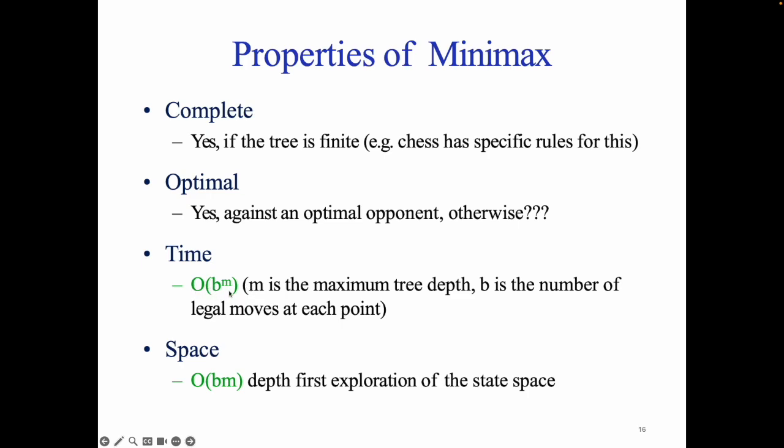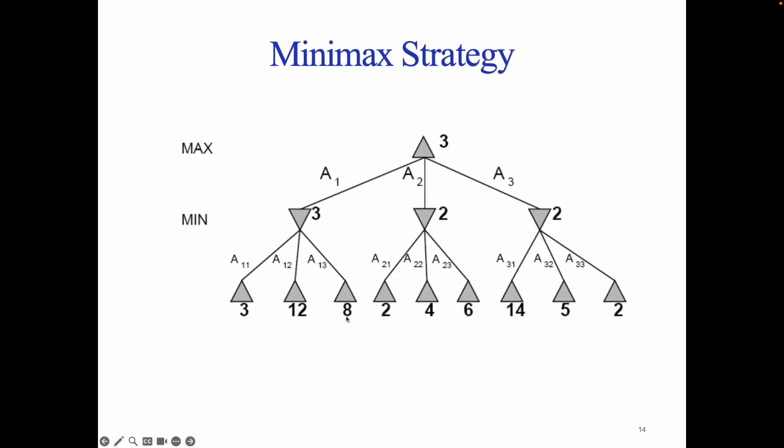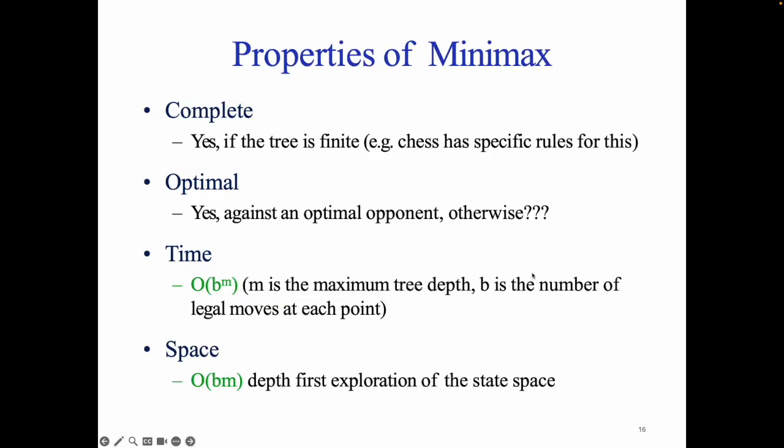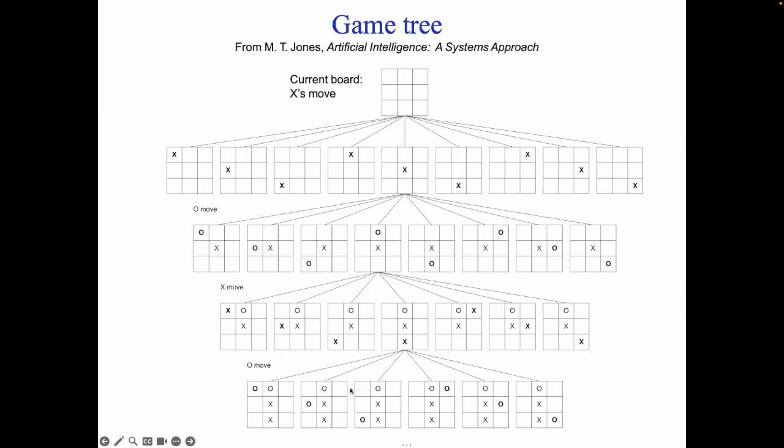For instance, in the previous example, we went up to depth 3, and the number of possible moves we have is also 3. Then at the end, we have nine branches, right? And in terms of space complexity, it's just bm, because we have depth-first exploration similar to the DFS that we had before.